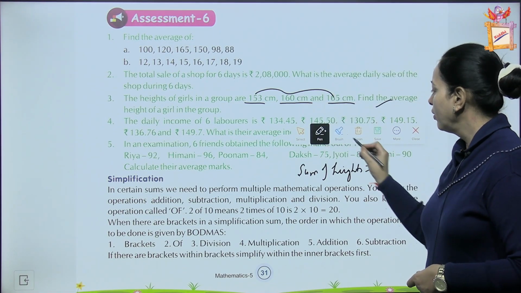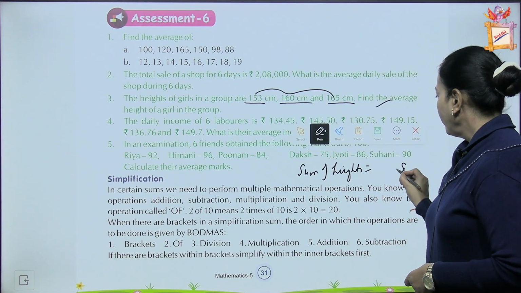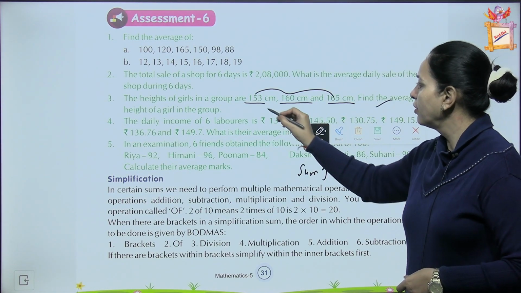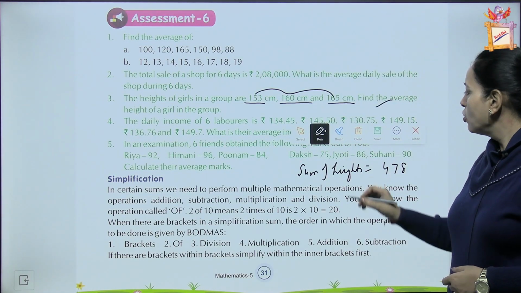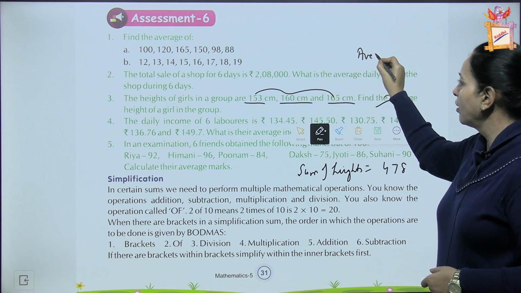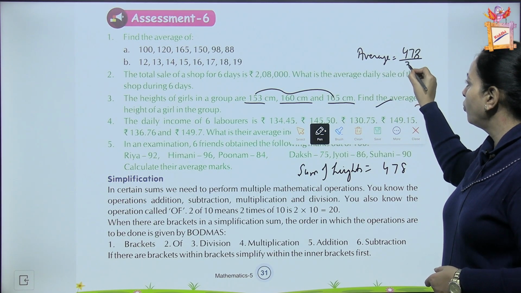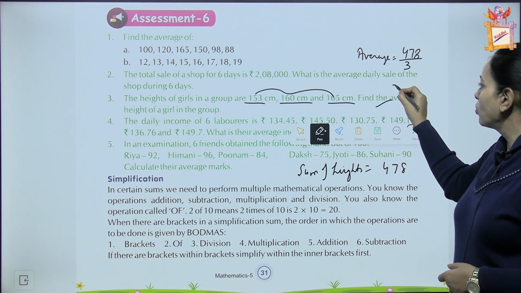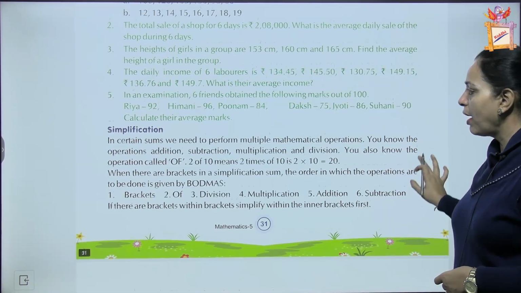What will you get? 6, 6, 12 and 5, 17, 1, 2, 3, 4, 478. So average is 478 divided by 3. So we can find it, okay. Similarly, you can try remaining parts.